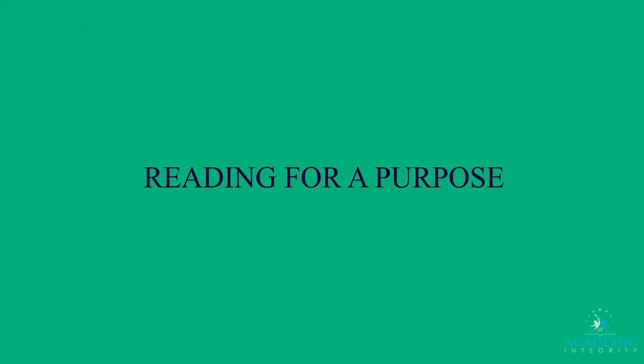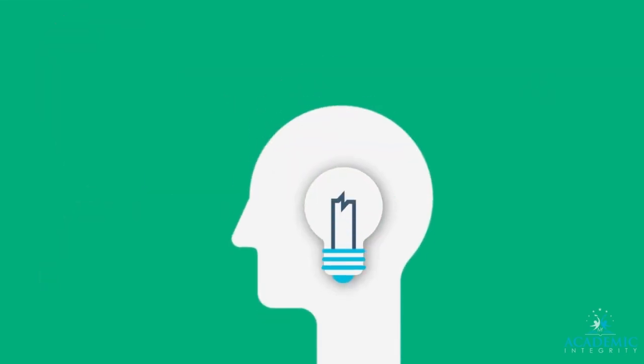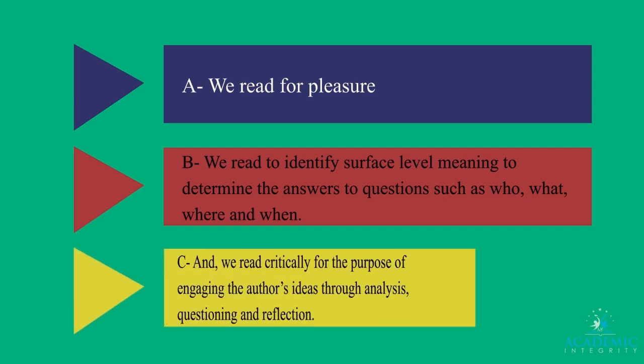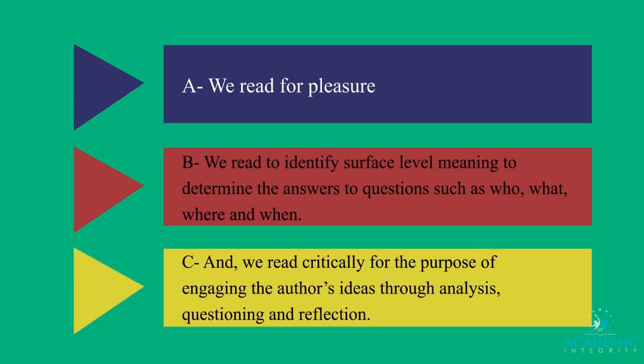Reading for a purpose. It is important to distinguish between the three different purposes of reading. In general, we read for pleasure, we read to identify surface-level meaning to determine the answers to questions such as who, what, where, and when, and we read critically for the purpose of engaging the author's ideas through analysis, questioning, and reflection.